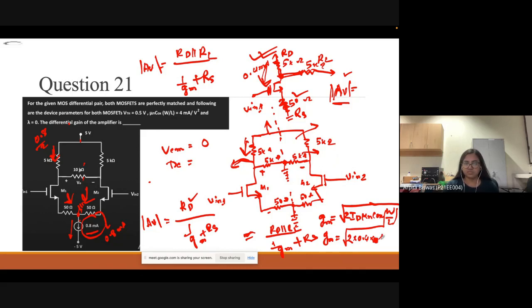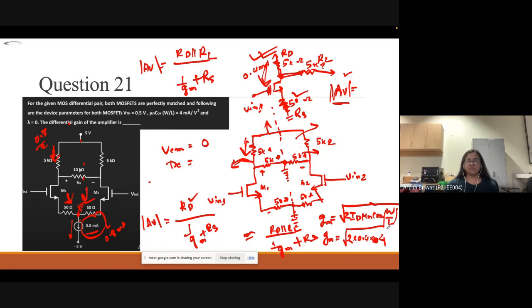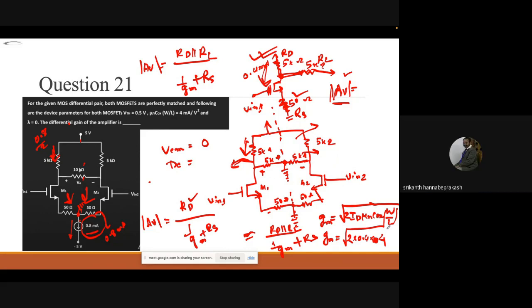Then 4 into 4 is 1.6, and 10 power minus 6 becomes 10 power minus 3 outside.